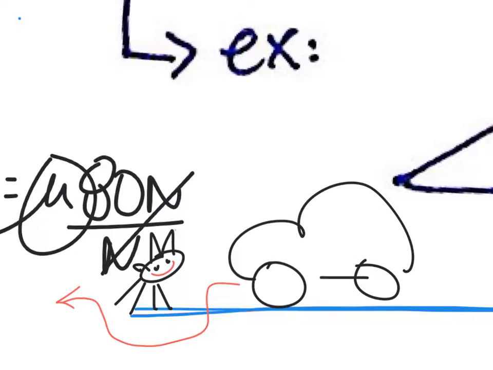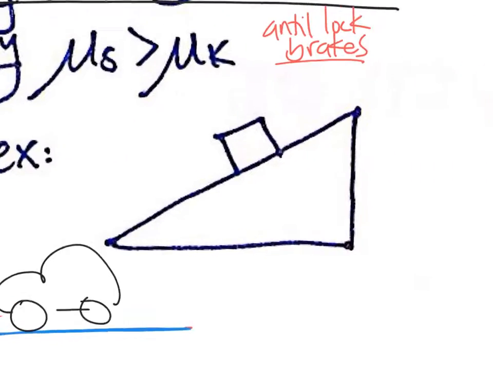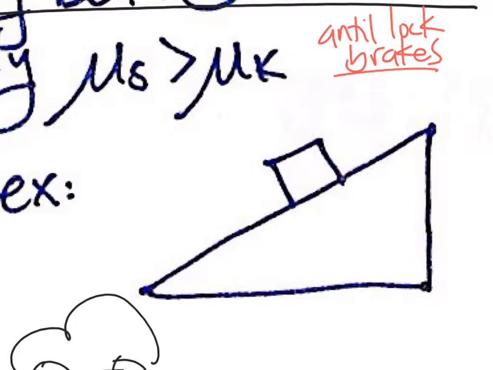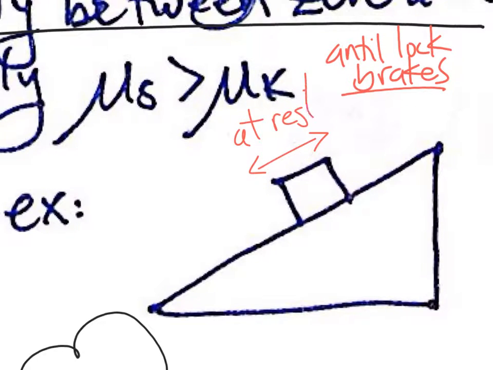Yay. Okay. So we'll do a demonstration in class where we have, this is a classic physics thing, an inclined plane, and a block sliding down the inclined plane. And what we can do is we can actually get it where the block is not moving, so it's at rest because it's sticking, but then you give it a slight nudge.